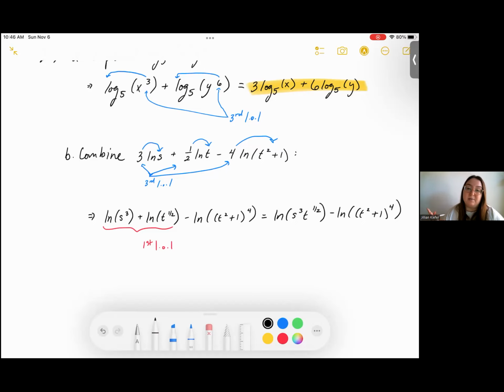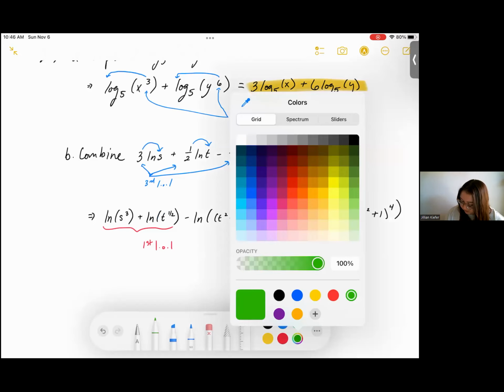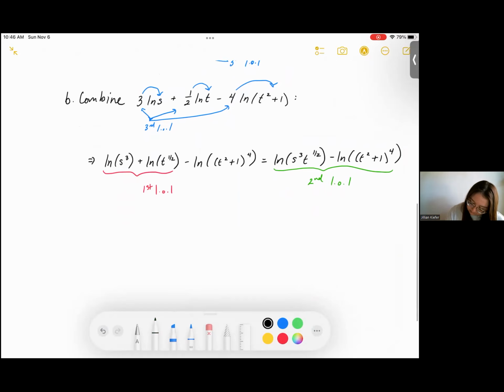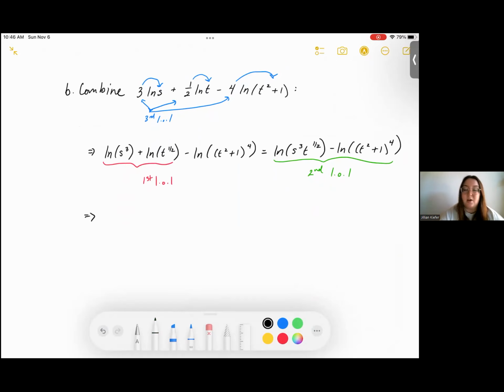So now what's left over is the only law of logarithms that we really have left, which is the second law of logarithms. With that second law of logarithms, we're going to take what's in the logarithm of the first term and divide by what's inside the logarithm of the second.